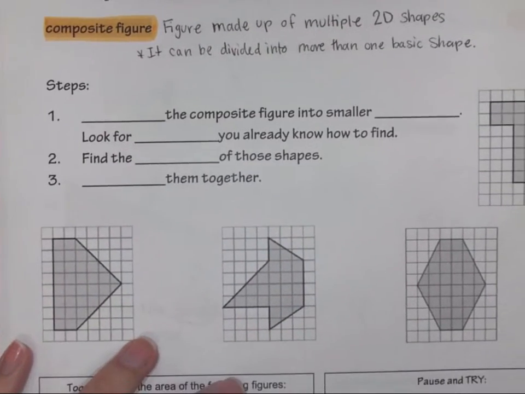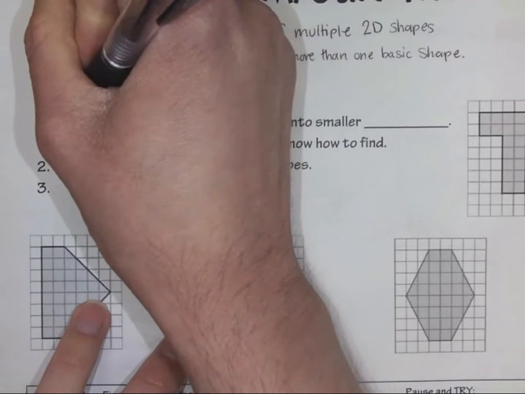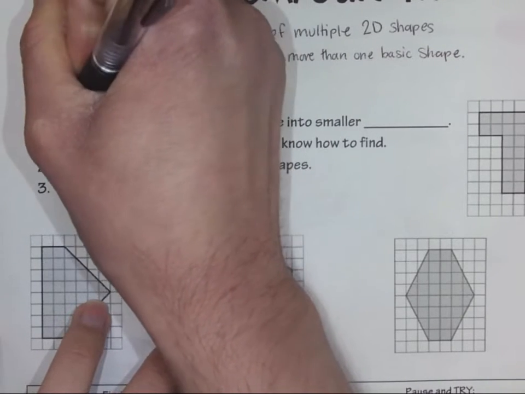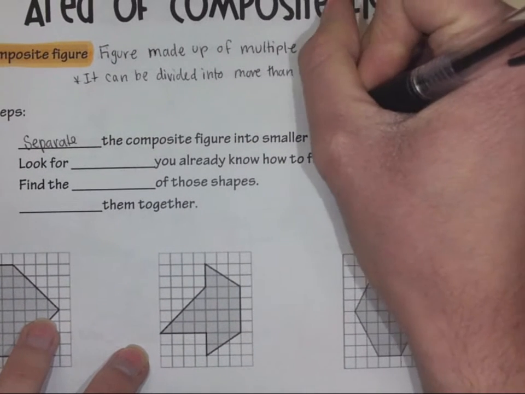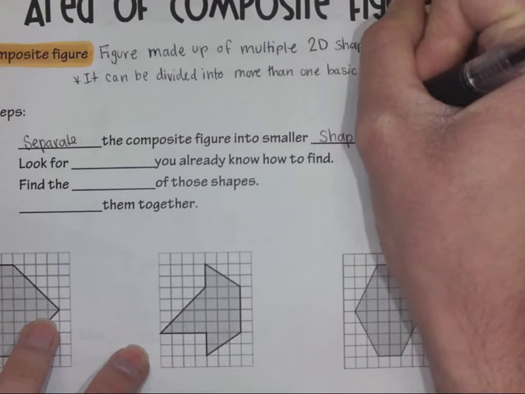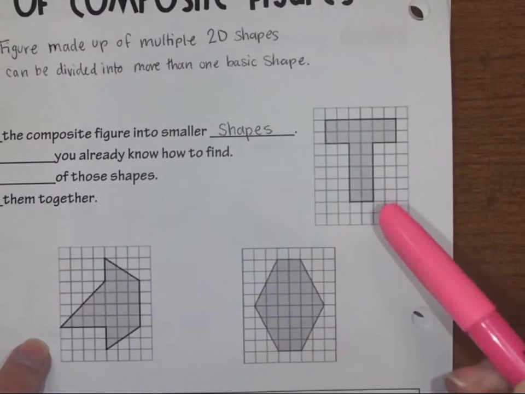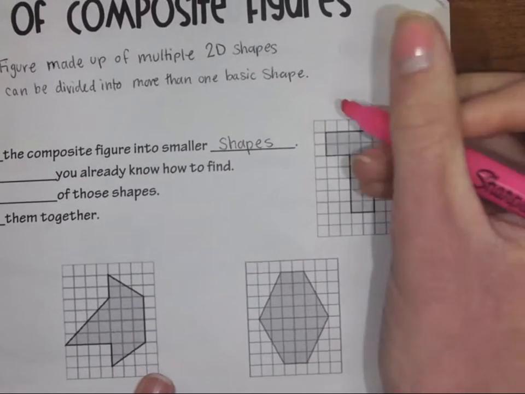So let's talk about the steps for finding the area of one of these things. We know that we have to separate the composite figure into smaller shapes. So if we look at that over here, this T, you could divide this several different ways. I'm just going to divide it into two different shapes.